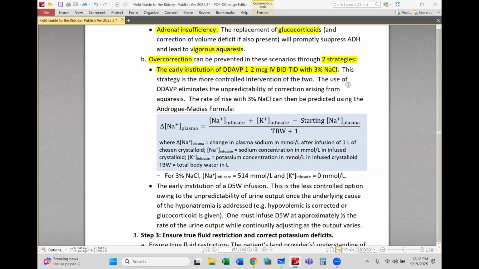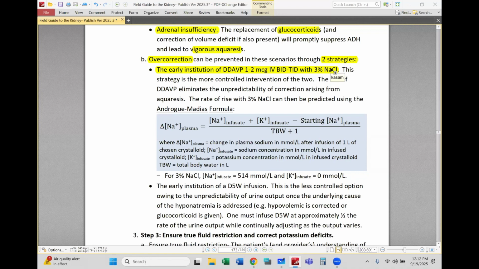We already discussed the tools that you might use to prescribe the rate of 3% saline that you want to give. For instance, we talked about the Adrogue-Madias equation. That would be a tool you can use. I highlighted how the Adrogue-Madias equation is flawed because it doesn't account for the losses of the patient.